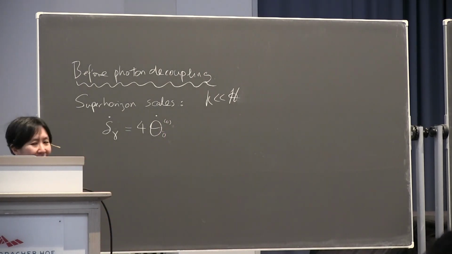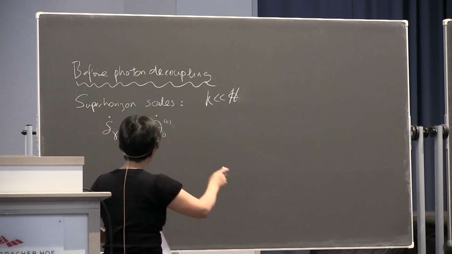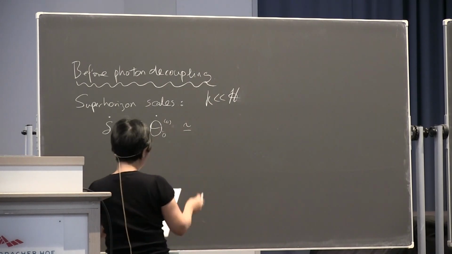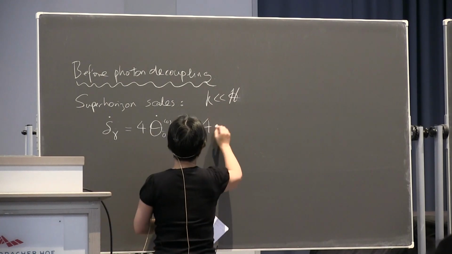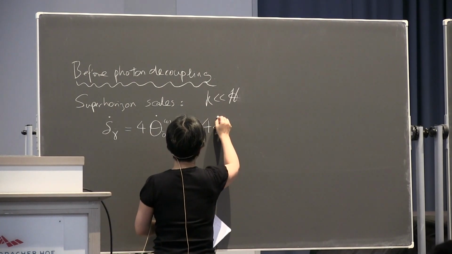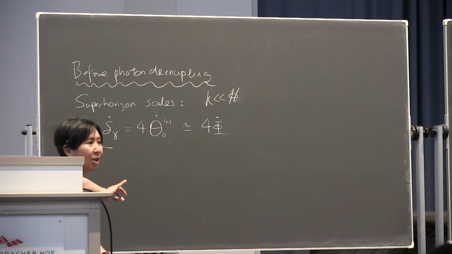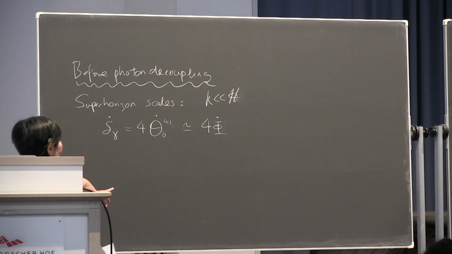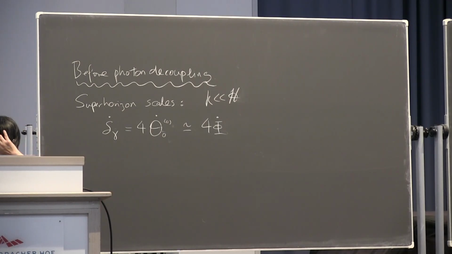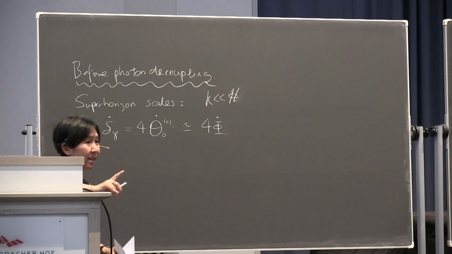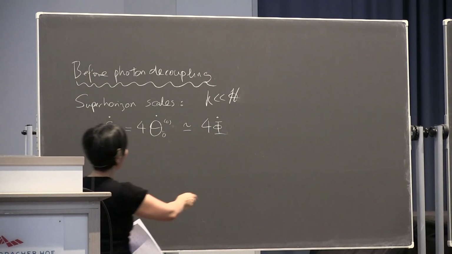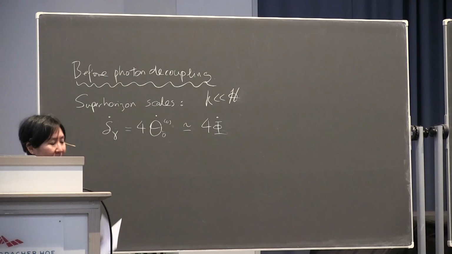If you go back to what we did yesterday, this is given by an equation like so. It goes like 4 phi dot, where phi is one of the Newtonian gauge potentials. If you look at the full equation, there's also another term that is proportional to k, but since we're in the superhorizon limit, k is small, so I just set that to 0.